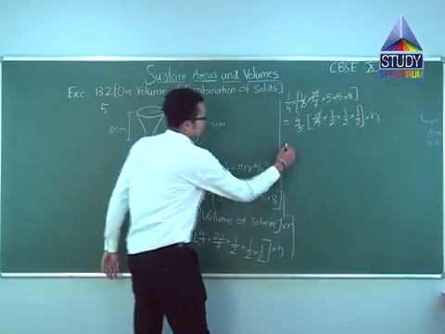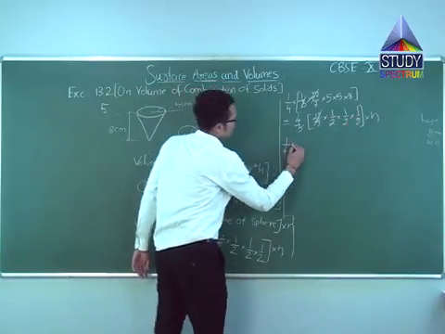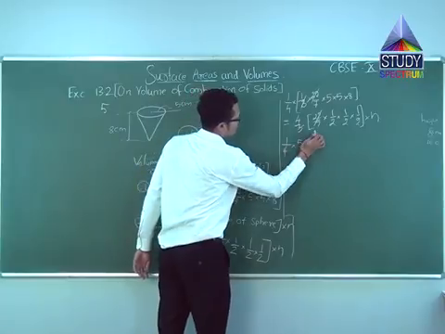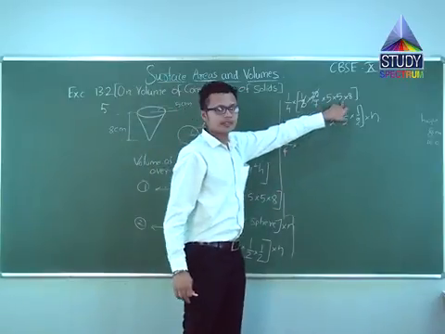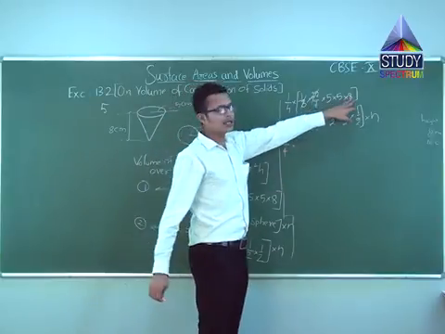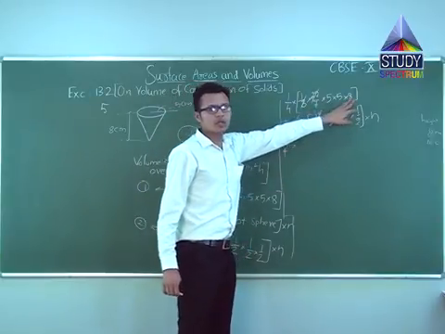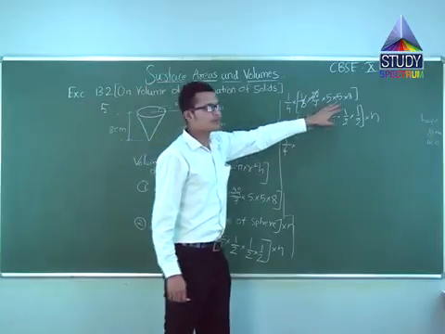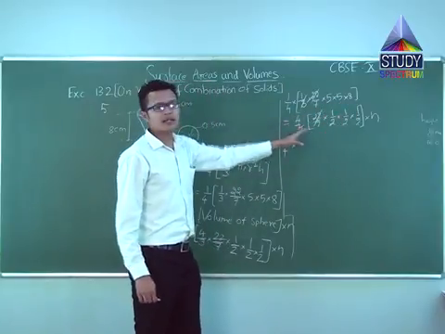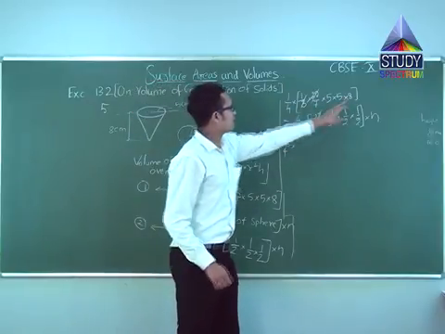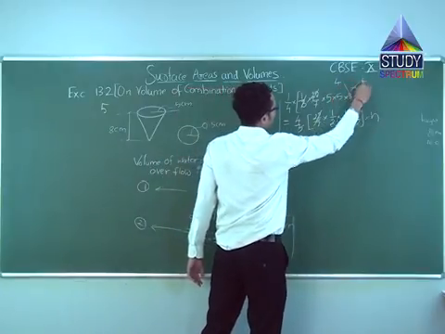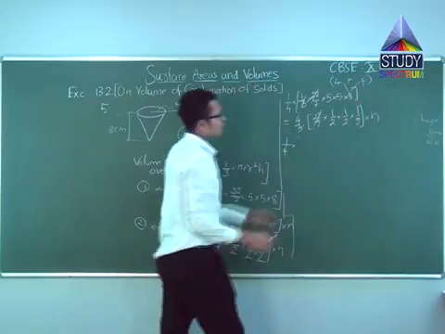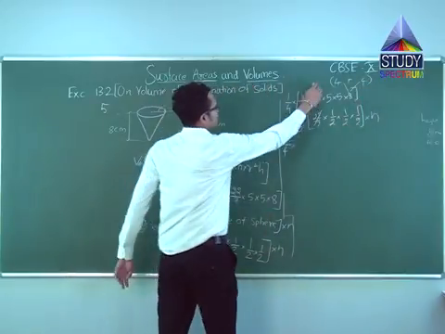If we equate these two terms, 5 into 5 can be written as 25. 25 times 8 is 200, because 25 times 4 is 100. Similarly, again 25. What I am actually doing here is splitting this 8 as 4 plus 4, and I know 5 into 5 is 25.